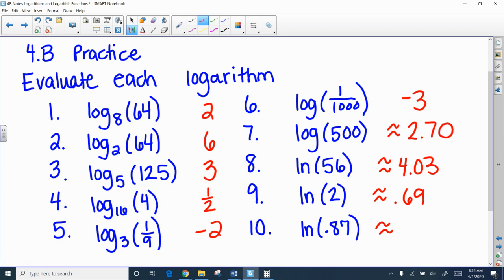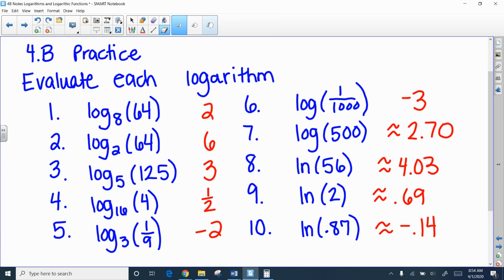And then natural log of 0.87 is approximately -0.14. All right, if you got all of these correct, move on to the next problems. Just skip through the video till the next problems. If you didn't get these, then listen as we check over these.